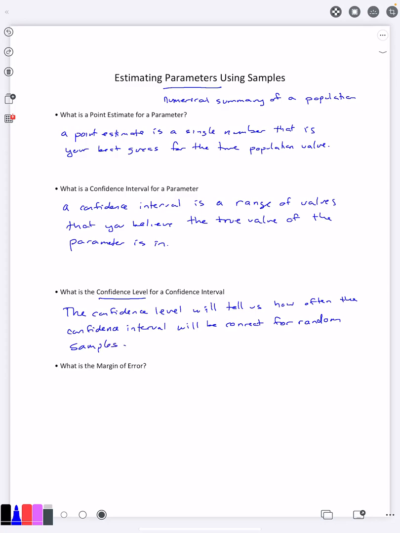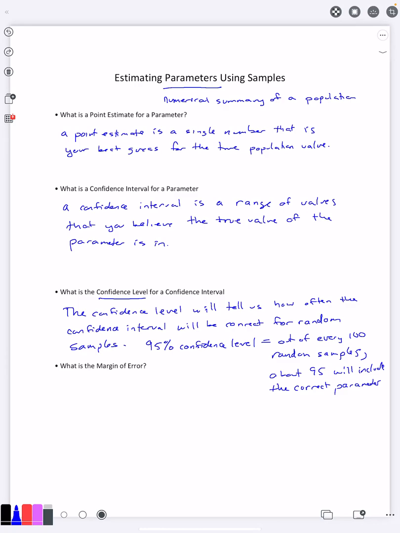So what I mean by that is, let's suppose I want a 95% confidence level. What that means is, out of every 100 random samples, about 95 will include the correct parameter.